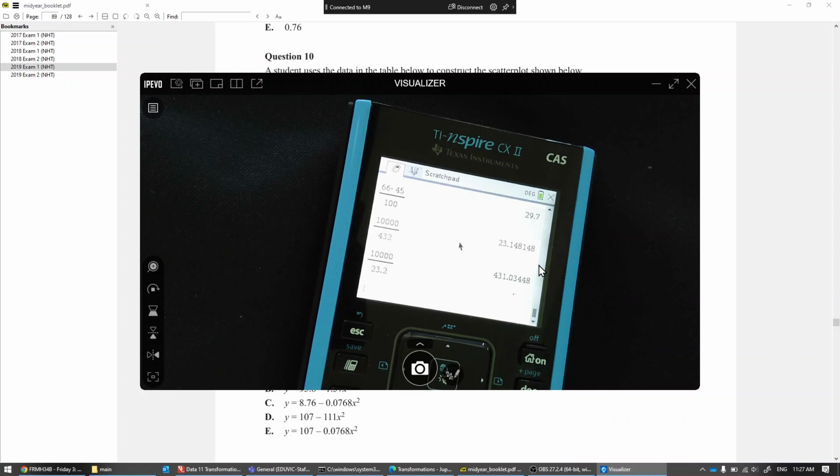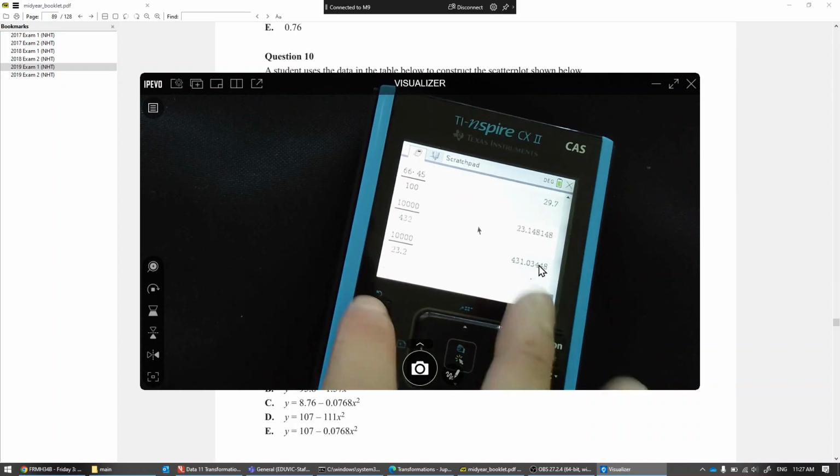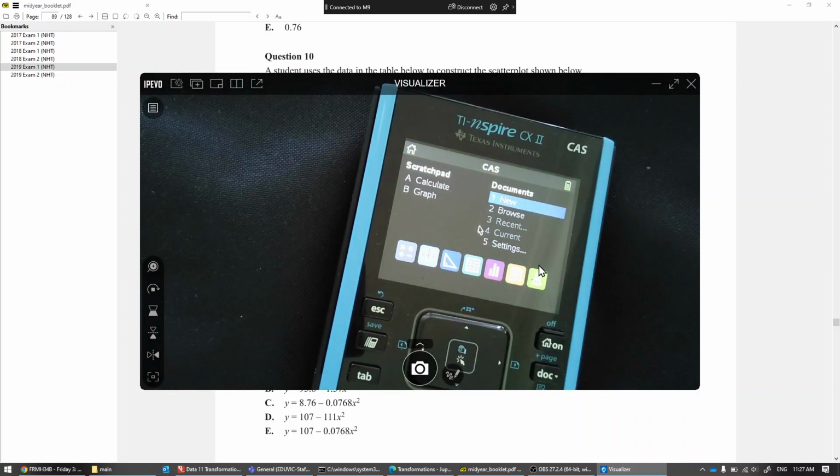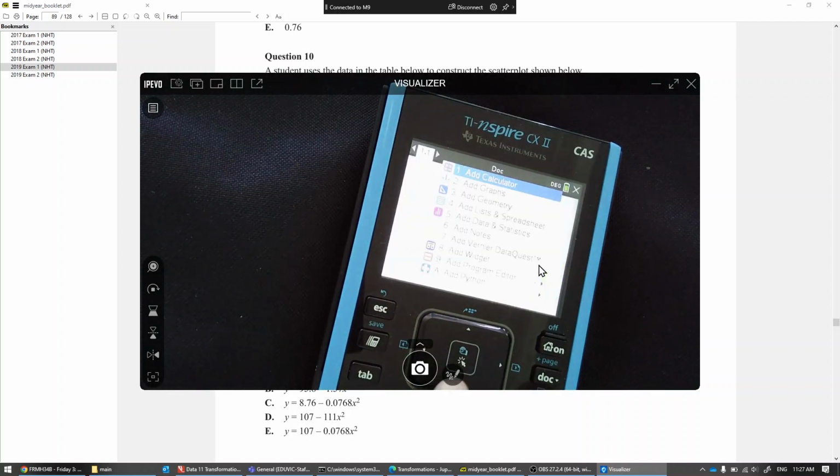Okay, we're doing question 2 now from 4A. Yep, so I need to give you the data. Alright, so guys, what I want you to do is create a new document. List and spreadsheet, we're going to enter in some data.